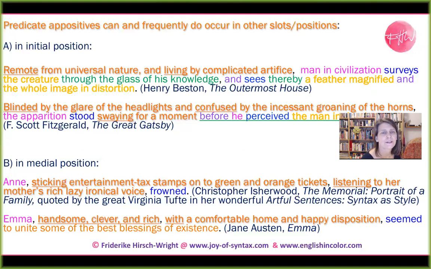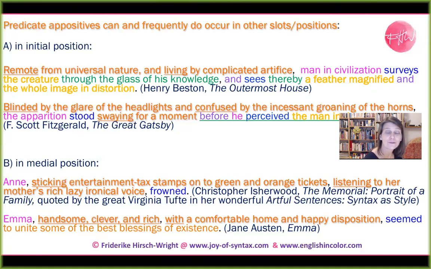Blinded by the glare of the headlights and confused by the incessant groaning of the horns, the apparition stood swaying for a moment before he perceived the man in the duster. It's from one of my favorite novels, The Great Gatsby. I think it's from chapter 2. So here we have an interesting phenomenon. We have a compound predicate appositive.